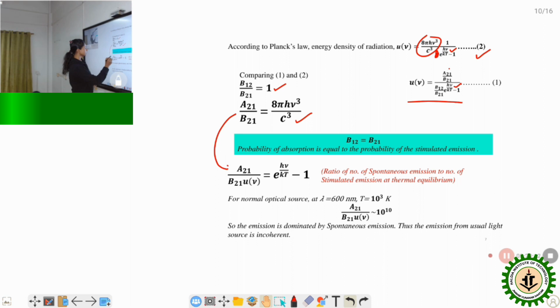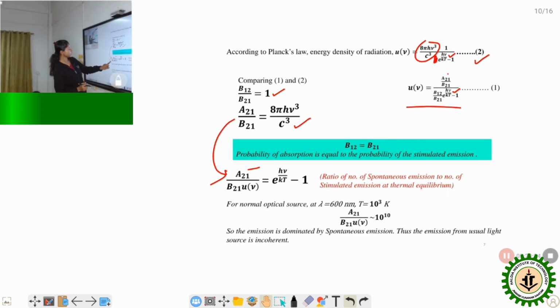From this, we can also write down this one with the help of equation 1. And what is this A21? It is A21 divided by B21 U(ν).